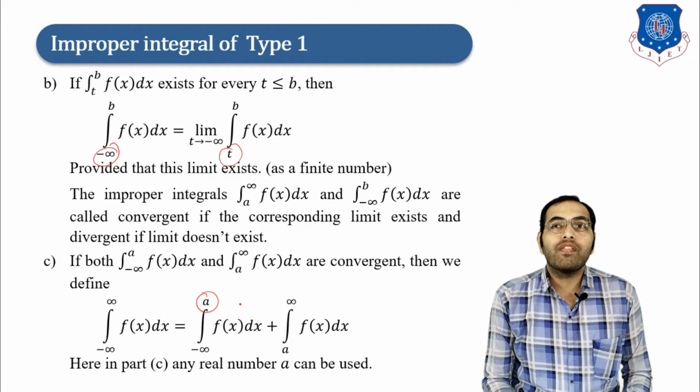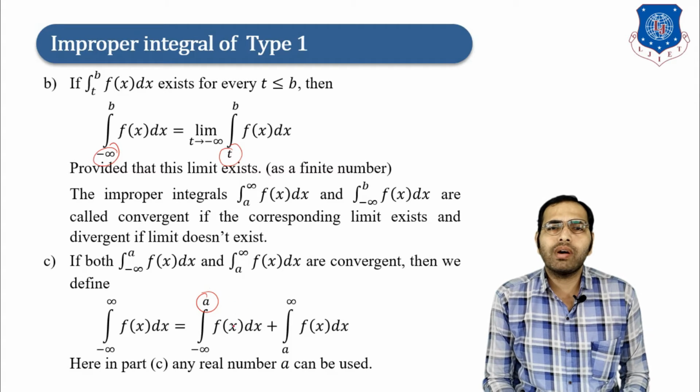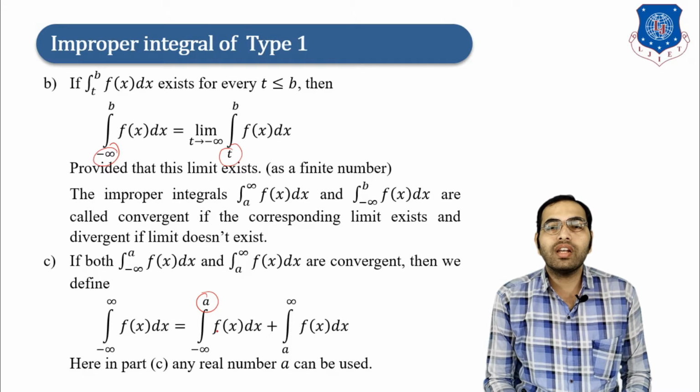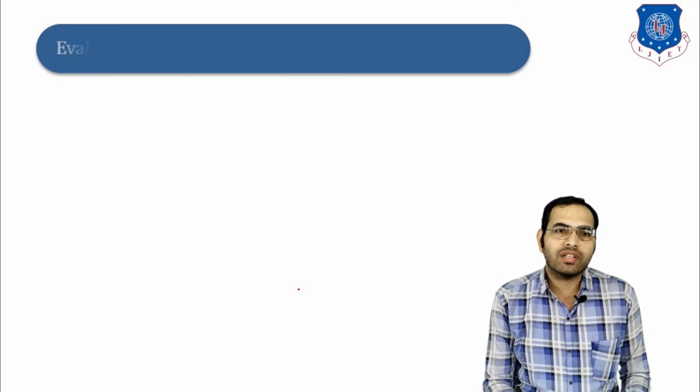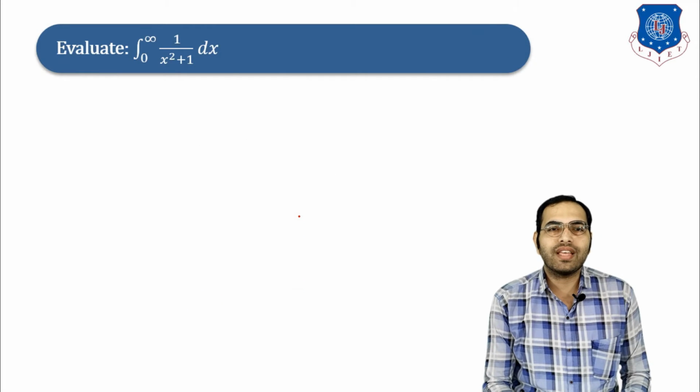For that we have to break the limits at any number, but the number must be a real value. Then we check both integrals separately. If both integrals are convergent, then the total integral will be convergent. If either one is divergent, then the whole integral minus infinity to infinity f of x dx will be divergent.